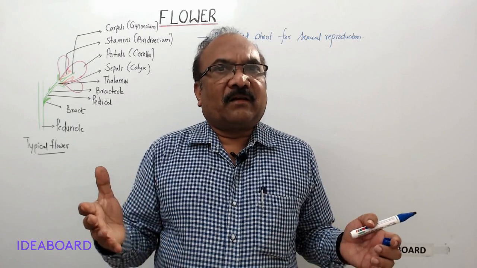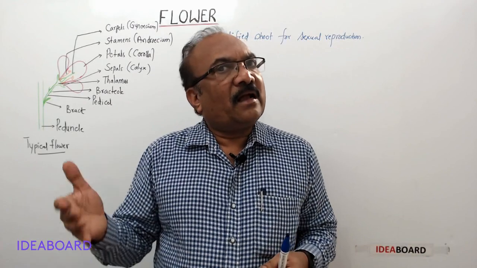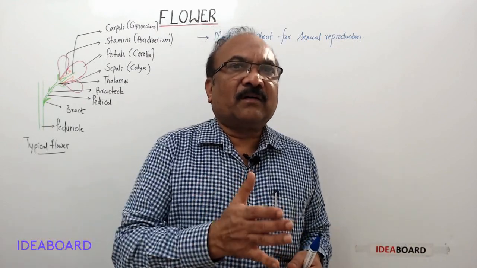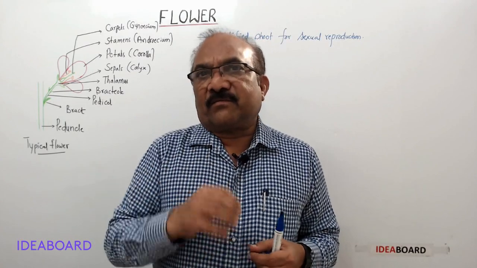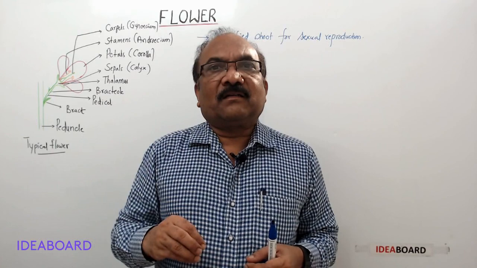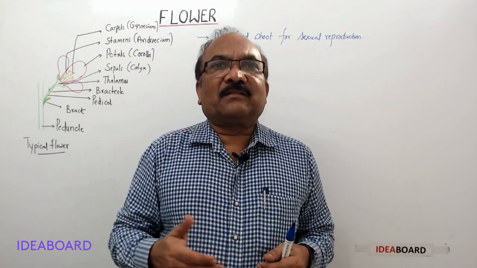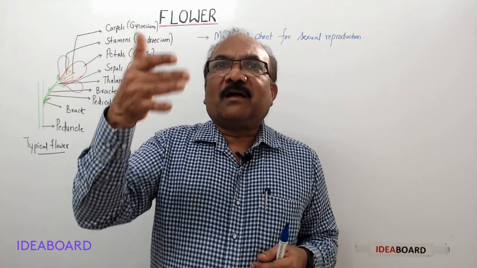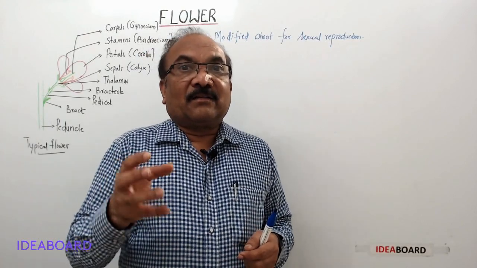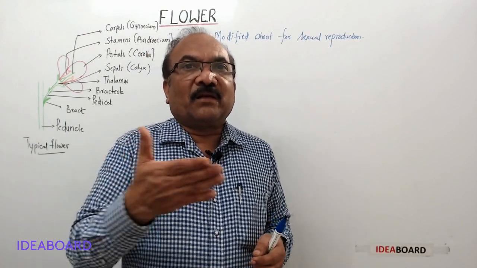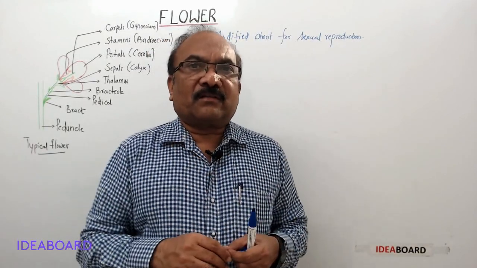Where do these flowers develop from? Either from axillary buds or from terminal buds. During the vegetative phase, the axillary buds help in the formation of a branch, and the terminal buds help in the growth of the stem and the branch. They change their behavior during the reproductive phase.